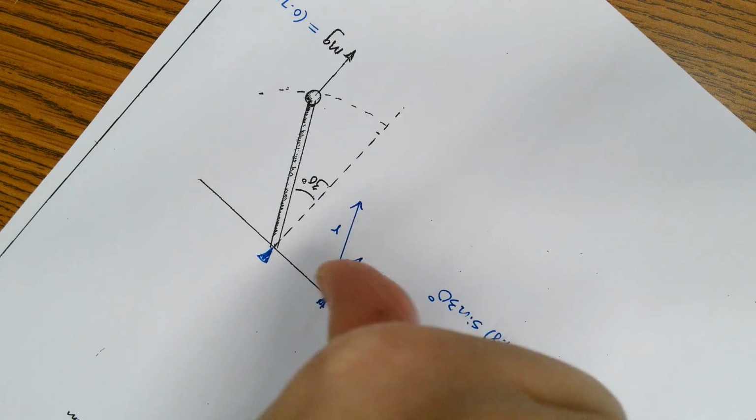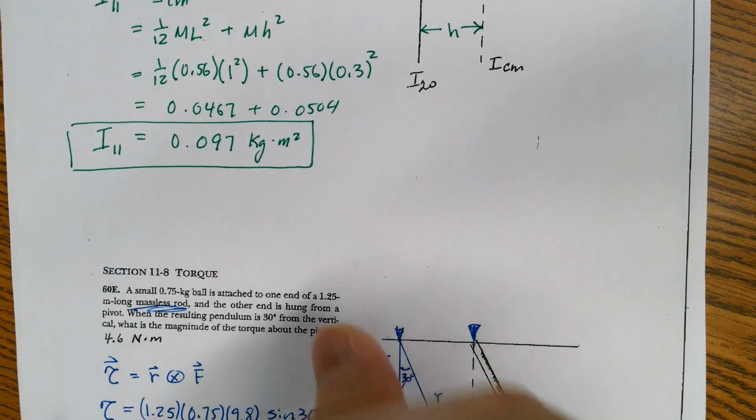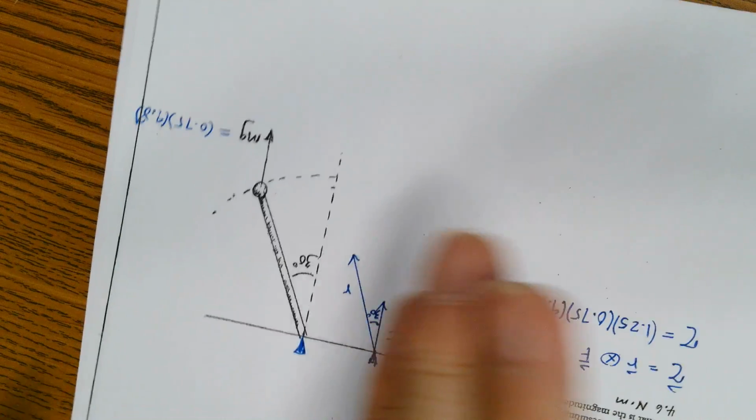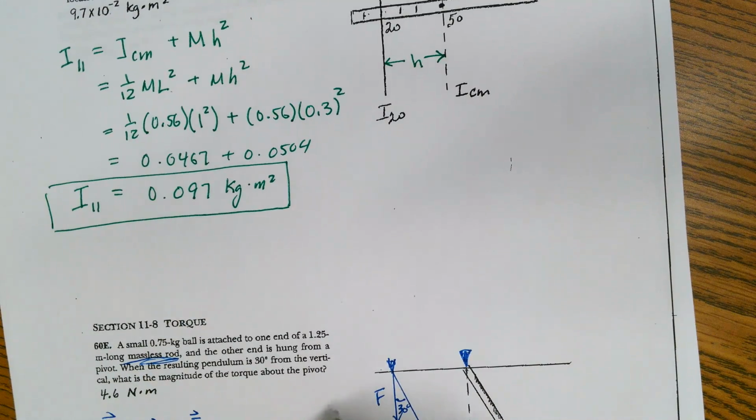So you have to use R cross F, and my thumb points into the page, so it's negative Z hat. Don't try to break your wrist, but you could rotate your page around and then do R cross F, and you'll see the thumb is pointing into the page. Therefore, it is negative Z hat.